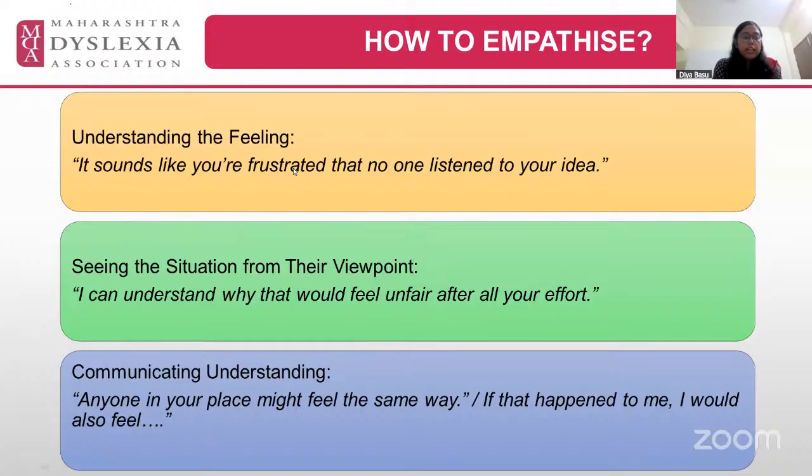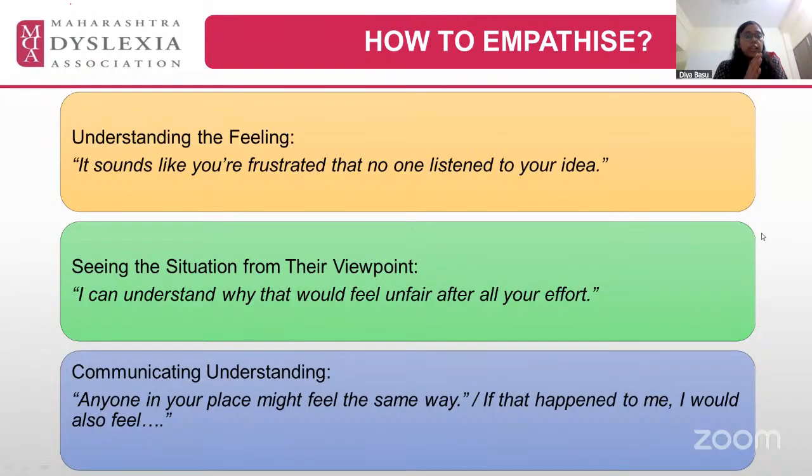And communicating understanding. Oftentimes when we are empathizing, we use the I statement. So if that happened to me, I would also feel in so and so manner. Because I'm putting myself in the other person's shoes, like rightly said by so many of you, I will be using the I statement. If this happened with me, I would probably have reacted in the same way.